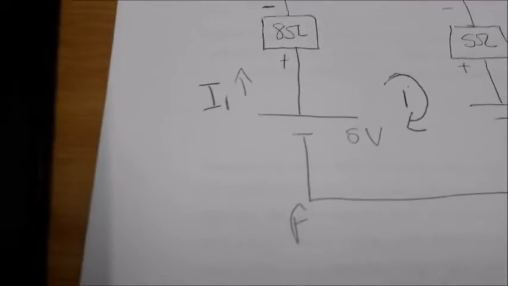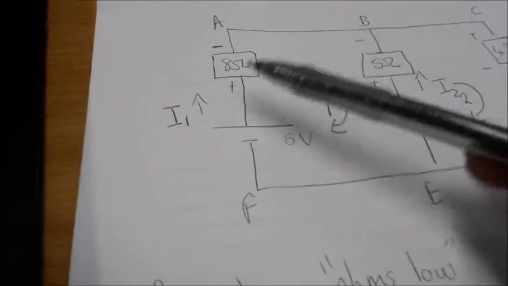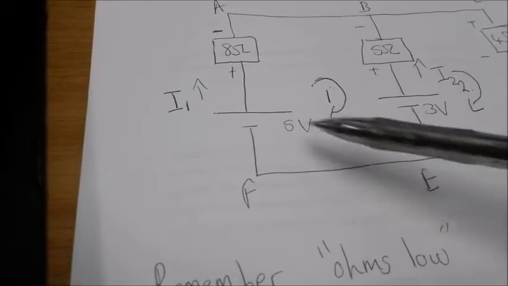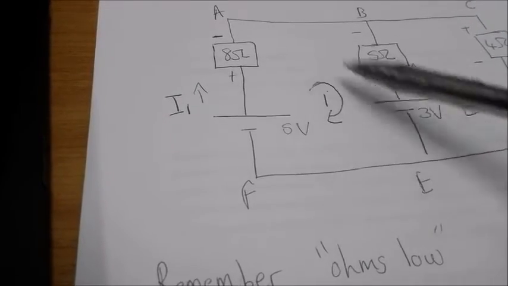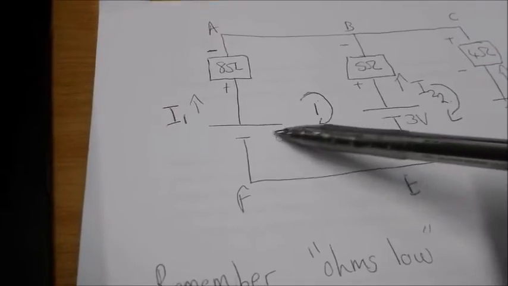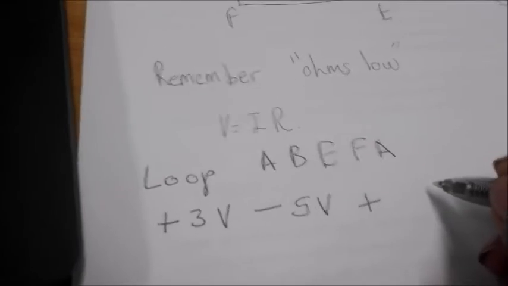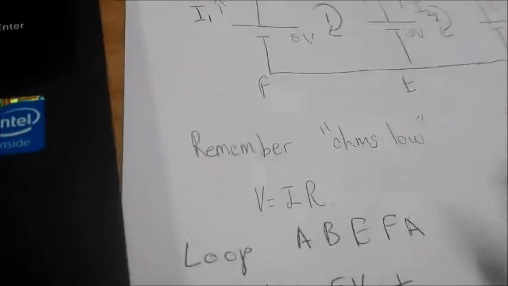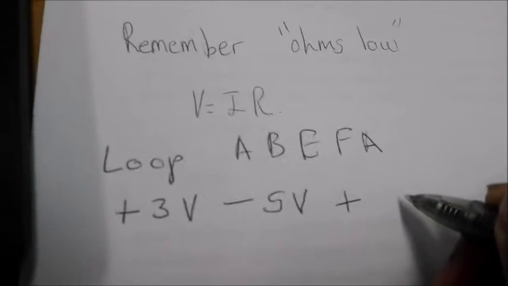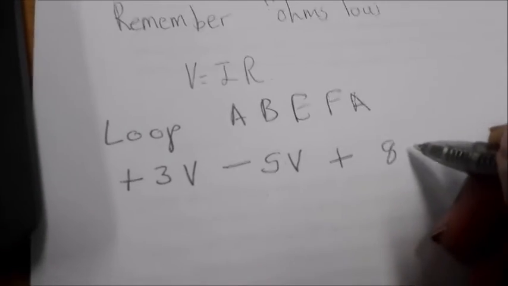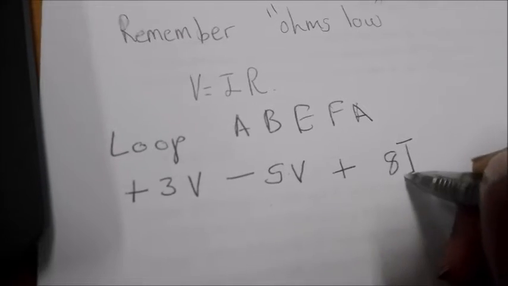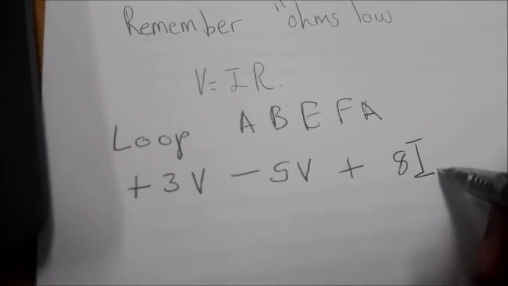Thereafter, we're now entering the resistors. We've done the power sources, now we're doing the resistors. With the resistors, this current is traveling into the positive. So again, you're going to say plus, but now we need the product of current times resistance. Our current in this area here is I1. So you're going to say 8 ohms times I1.